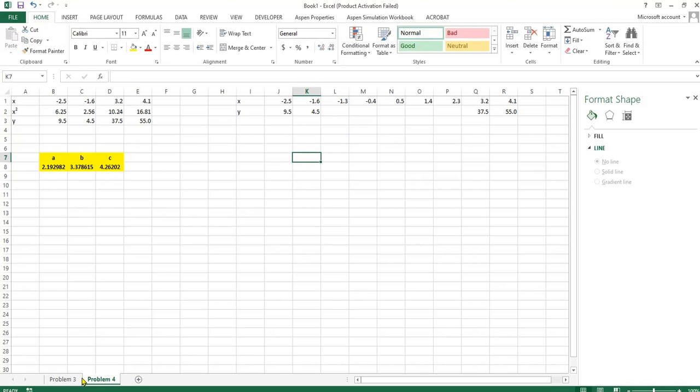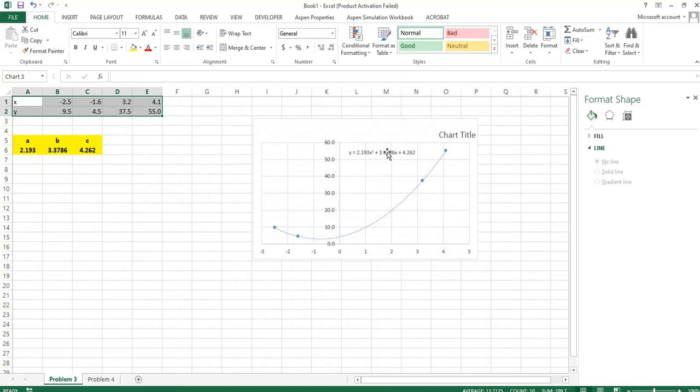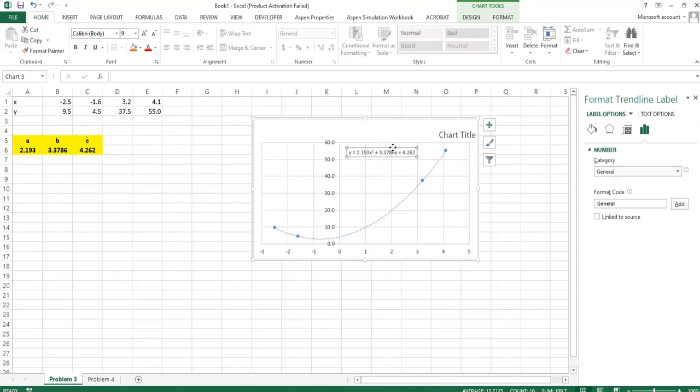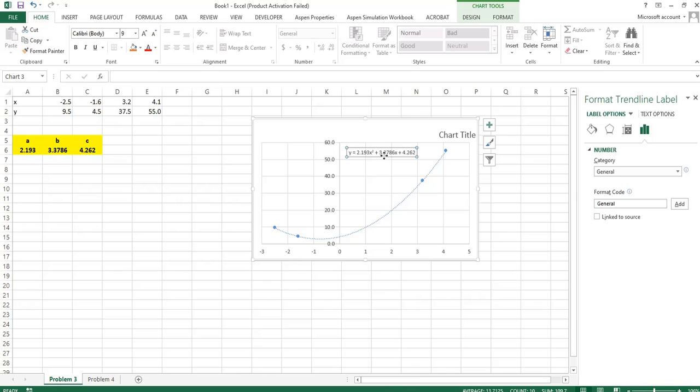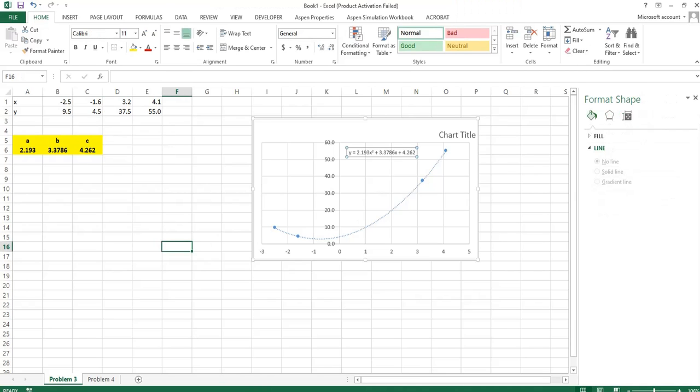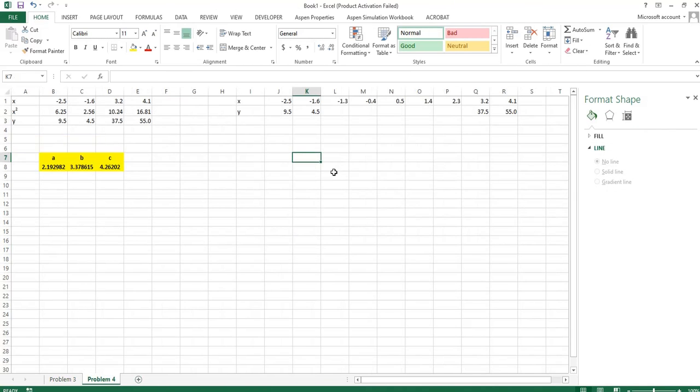Let me just go back to this place. Having known this formula, okay, there's no need to copy it. Let me go back. This should be equal to y equals a, which is this.